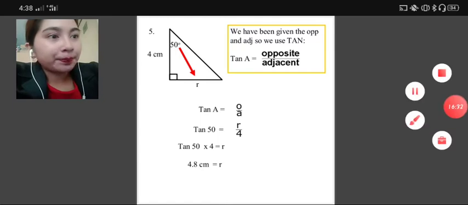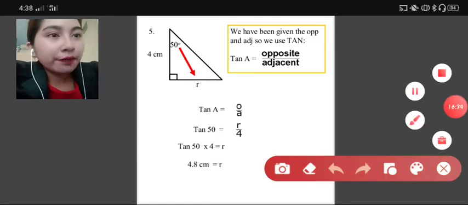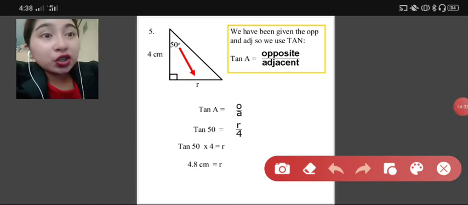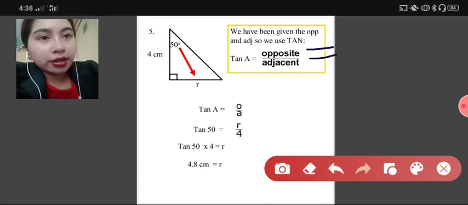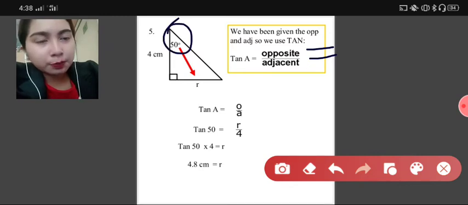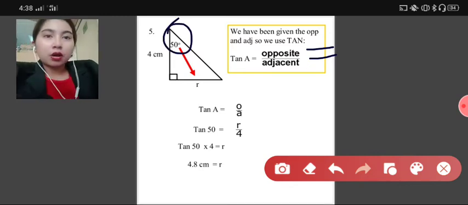So, dito naman. We have been given the opposite and adjacent. So, we use tangent. Okay, yung tangent natin is opposite over adjacent. So, yung angle natin is 50 degree. Okay?